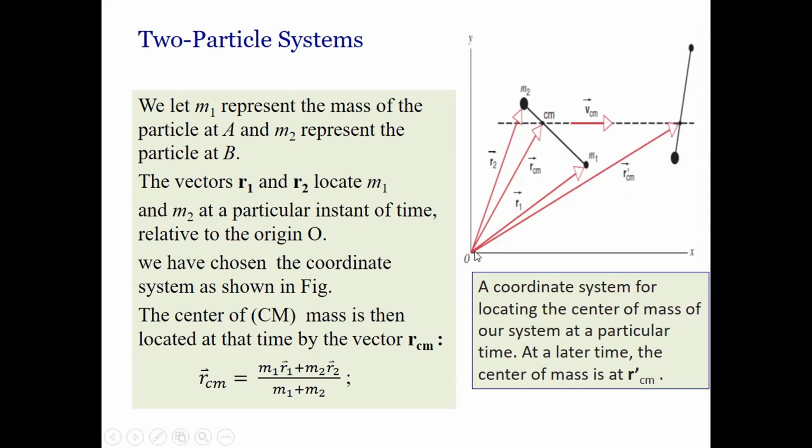Now we choose the coordinate system in this way: positive x is shown here, and positive y is also shown here. The center of mass is then located at any time by the vector RCM, and RCM is equal to m1 r1 plus m2 r2 divided by the total mass m1 plus m2.